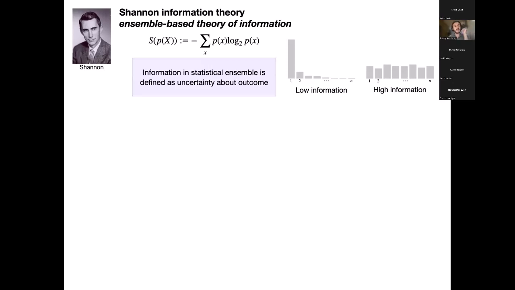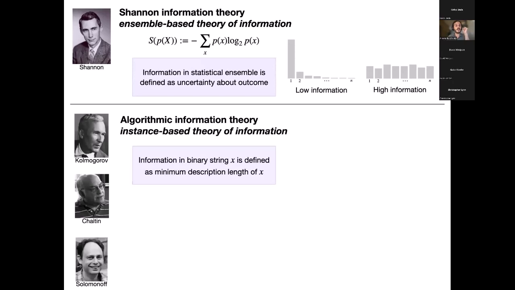Let's compare this to algorithmic information theory, which is an instance-based theory of information. And here, information in, let's say, a binary string, but it can also be defined for other objects, is defined as the minimum description length of that string. What do we mean by minimum description length? What is the language?